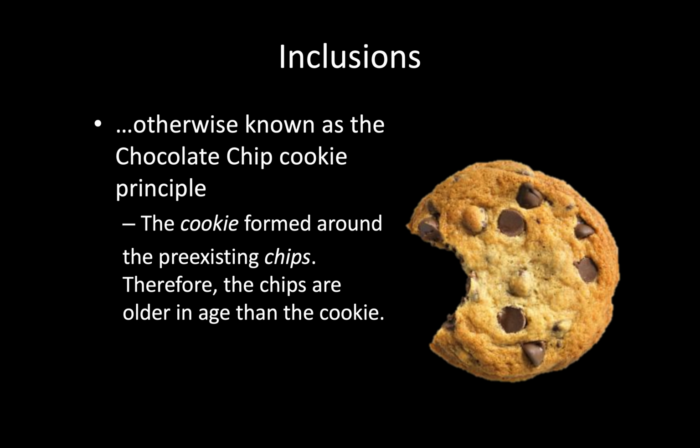We throw those chocolate chips into the cookie dough, and then we bake the cookies. The chocolate chips had already fully formed by the time we bake the cookies. Therefore, the chips are older in the age than the cookie. So the principle of inclusions, you could just think about it next time when you're doing your assignments. Instead of thinking about rocks, you can think about it in terms of chocolate chips, and that might help you.